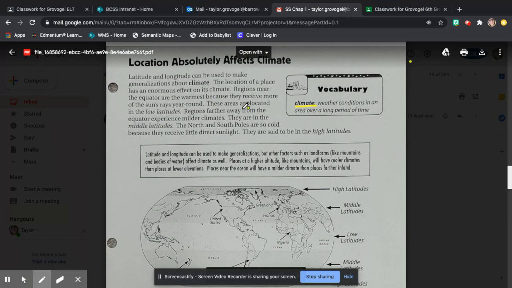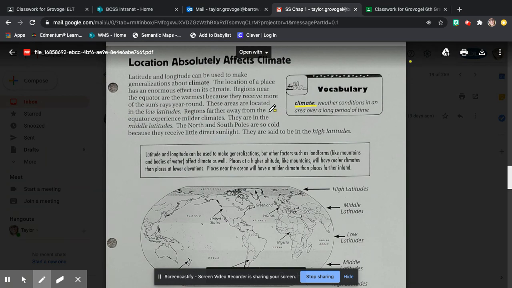Let's go ahead and read. It says latitude and longitude can be used to make generalizations about climate. The location of a place has an enormous effect on its climate. Regions near the equator are the warmest because they receive more of the sun's rays year-round. Areas are located in the low latitudes.